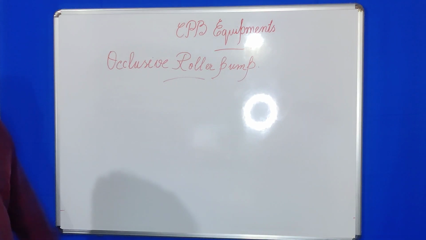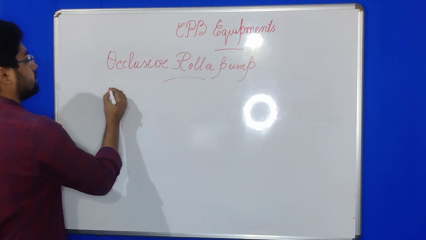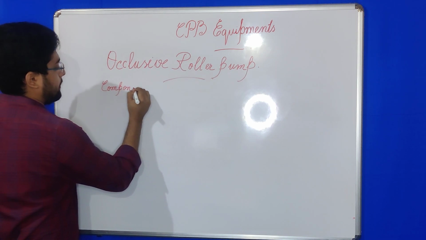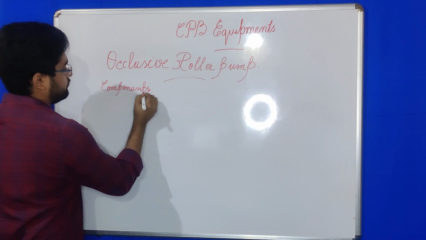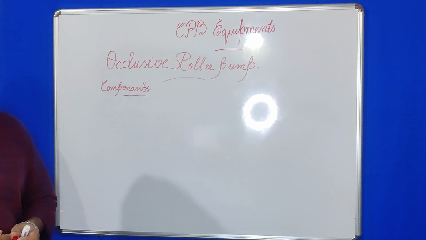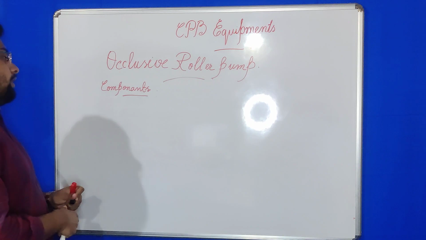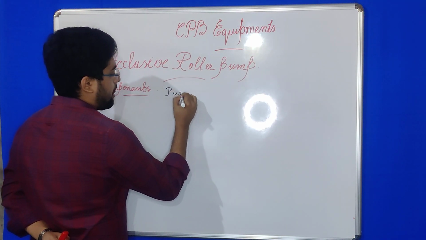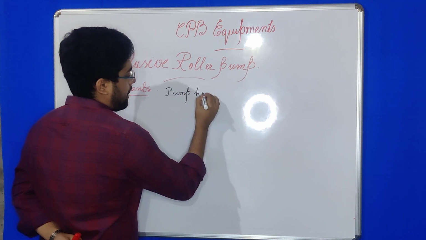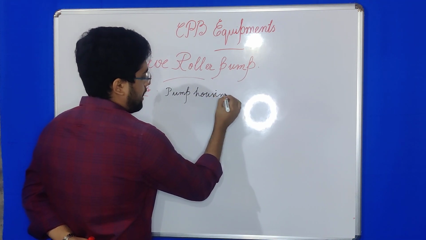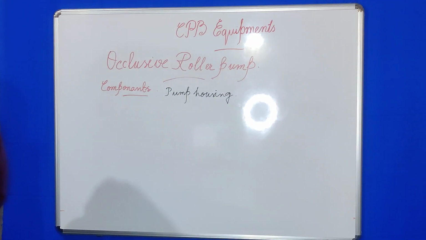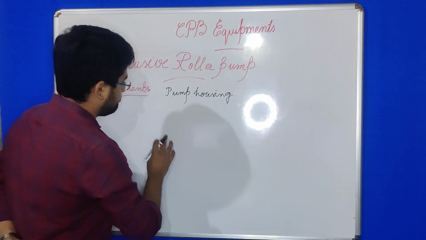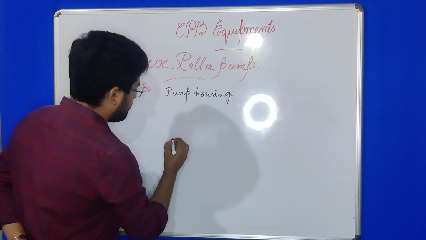So first, what are the components of an occlusive roller pump? First component of occlusive roller pump is pump housing. And the second component is operating console.